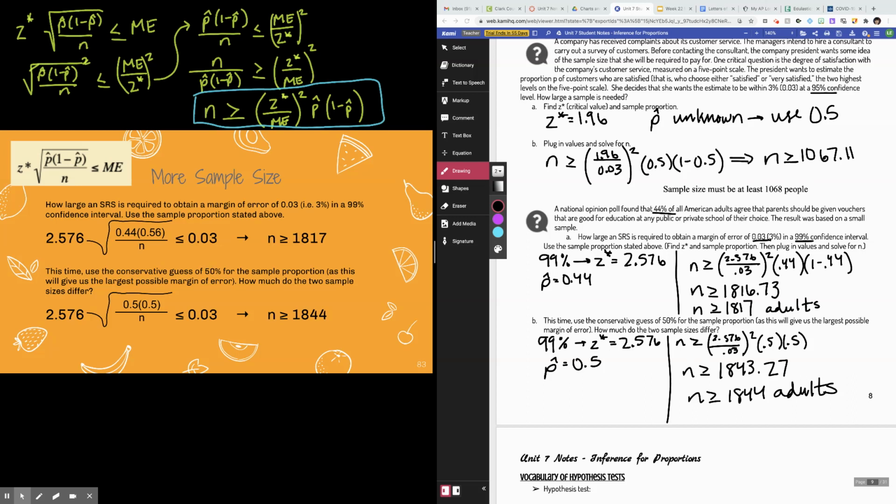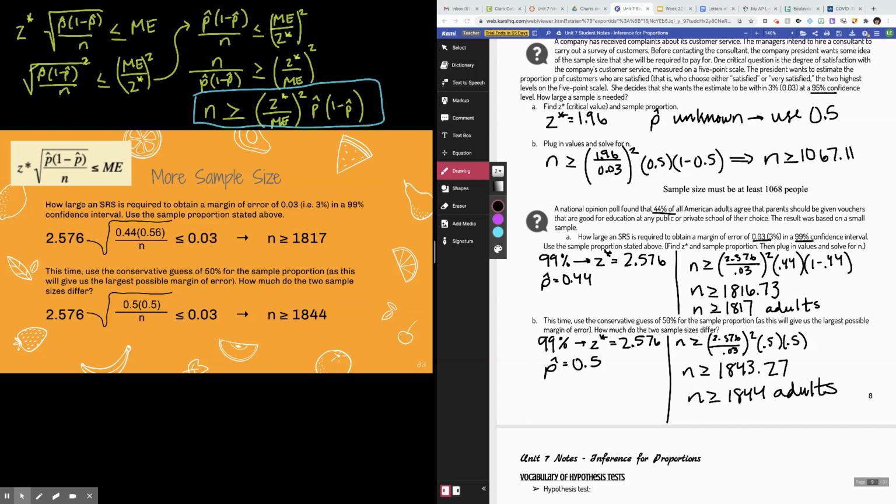And they want to know first how large a sample would have to be in order to get a 3% margin of error at a 99% confidence level. Okay, so your z star value, your critical value for 99%, is 2.576. You could have rounded, that's fine, and used only 2 decimal places instead of 3. If you did, your number may be slightly different than mine, but close enough.